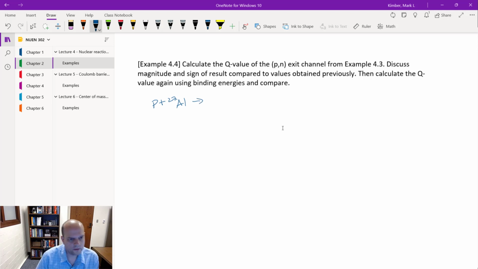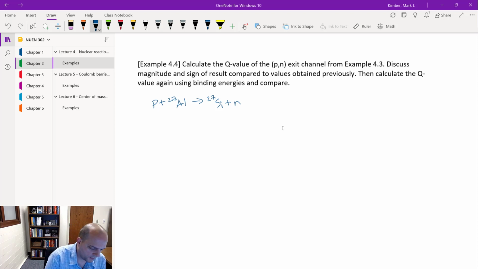Again, we're not ignoring it, but we're just taking that intermediate, because the energy is just kind of moving around and getting exchanged. We're taking the initial reactants and the final products. And the PN channel would be silicon plus a neutron.